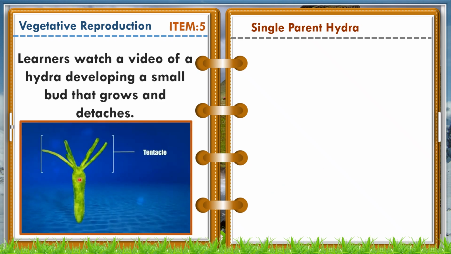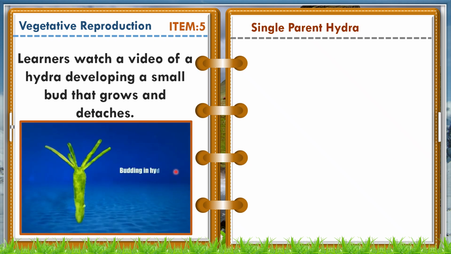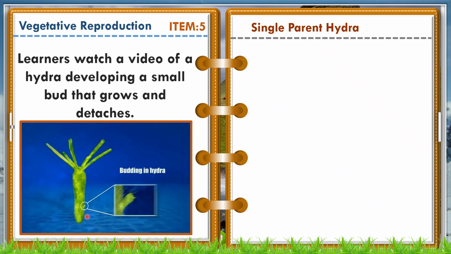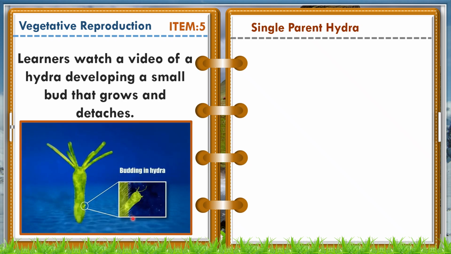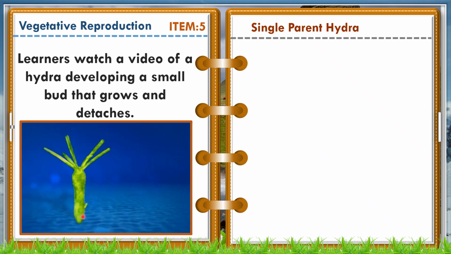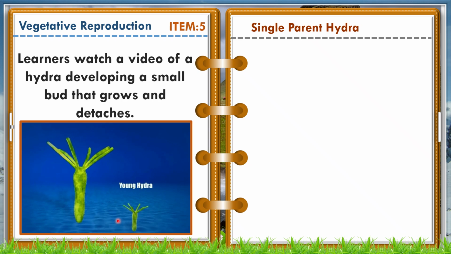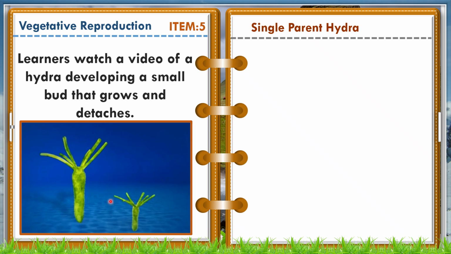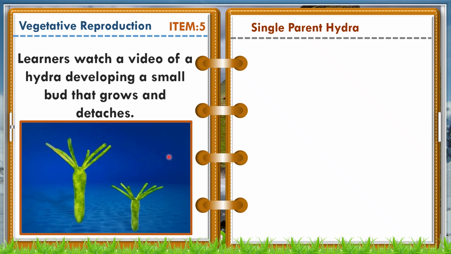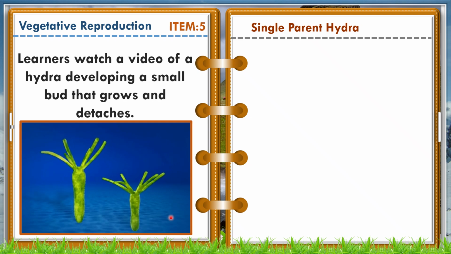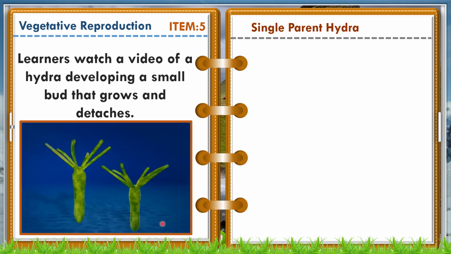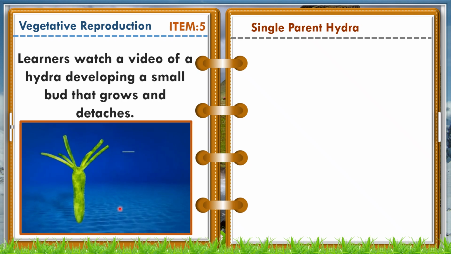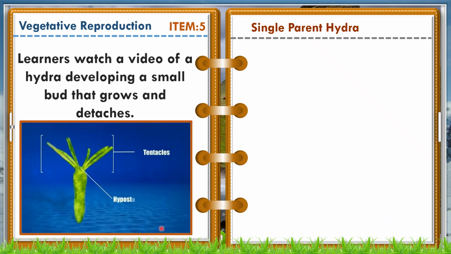So here we have our hydra, tentacles, hypostome. Now it is forming a bud here, as we are seeing magnified here. Now this bud detaches and starts growing into a young hydra. It is forming a new organism through budding.